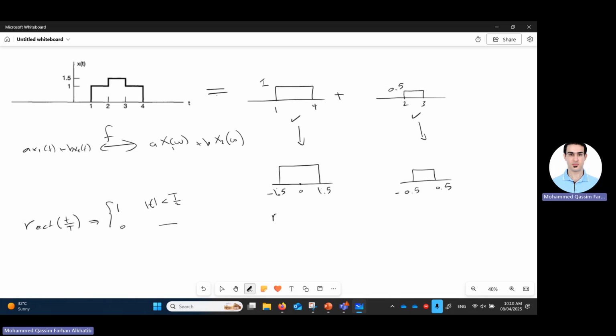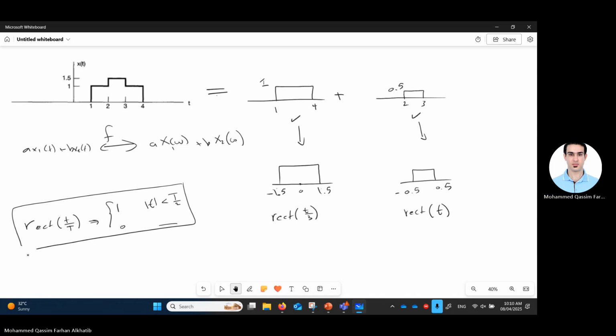So this one is rect of t over 3 and this is rect of t. If you remember, the rect function, rect of t over tau or rect of t over uppercase T, has values from negative T over 2 to T over 2.